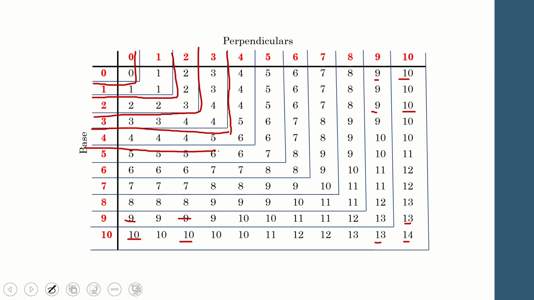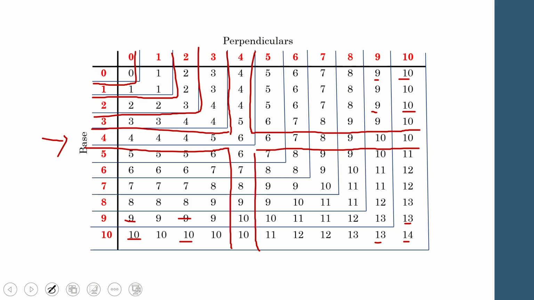Just a minute, students. If you go starting from here and going in this direction, you can also see it is symmetrical. Starting from this direction, it is also symmetrical. This is a very small thing, but the main thing I have shown you is the symmetry.